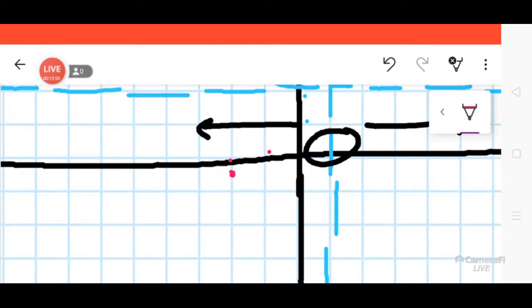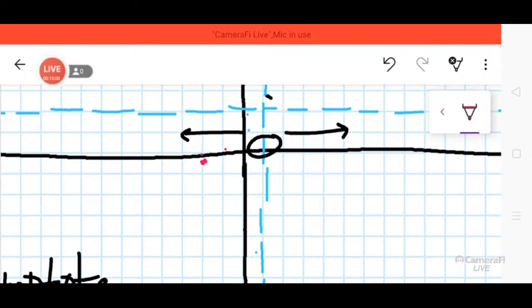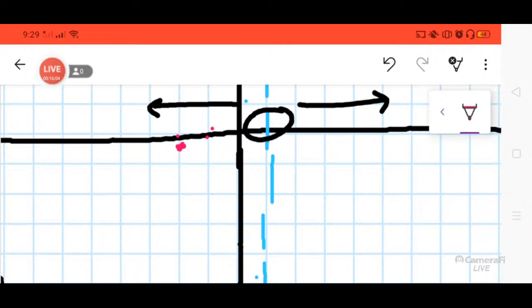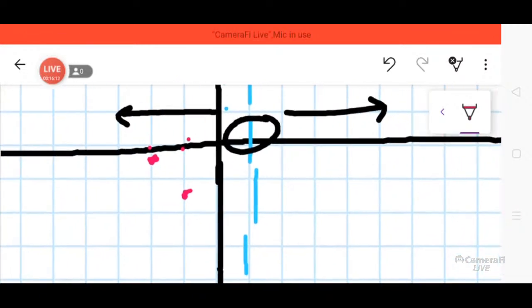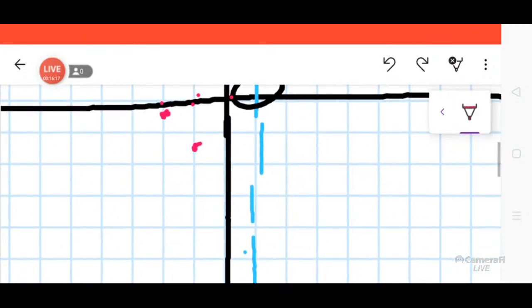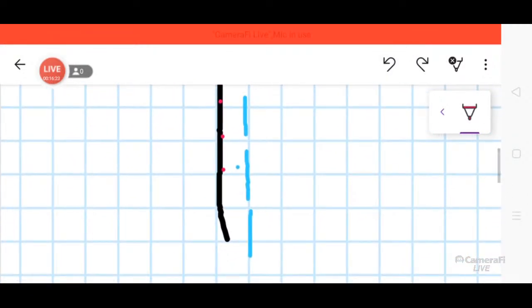The next is 0 and negative 5, so this is 0, then you count 5 times down: 1, 2, 3, 4, and 5. So our point must be here.